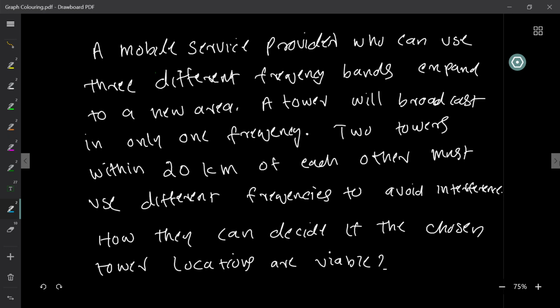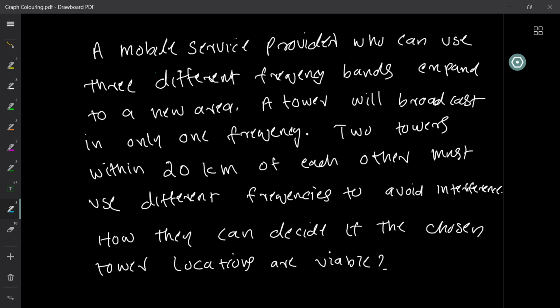So here's a typical question. You have a mobile service provider, and they usually have to purchase the right to use certain frequencies from the government, or whoever is controlling the network.